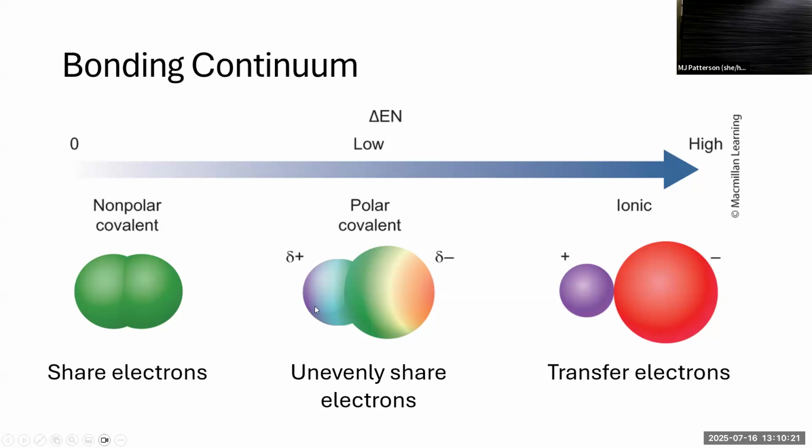Not sure what atom they'd be talking about over here. Maybe something like hydrogen. Hydrogen doesn't pull on the electrons as strongly as chlorine does. So that means that the electrons spend more time in the orbitals of the chlorine atom than they spend in the orbitals of the hydrogen atom. So they're unevenly sharing it.